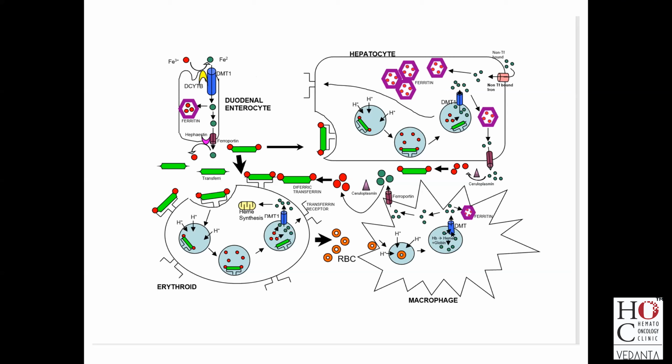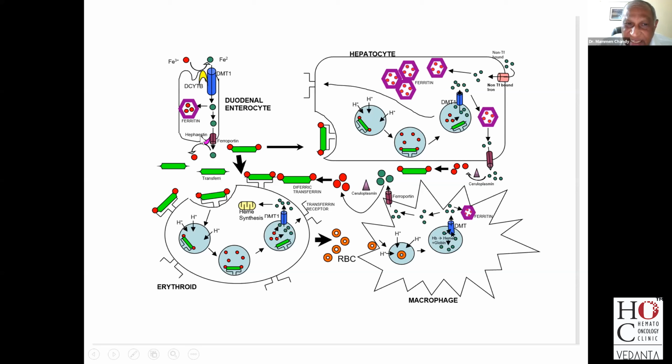Iron is absorbed as the ferric form. It cannot be absorbed in the ferric form, so it's converted to the ferrous form. There is a transporter called the divalent metal iron transporter, and this takes the iron from the inside of the enterocyte.